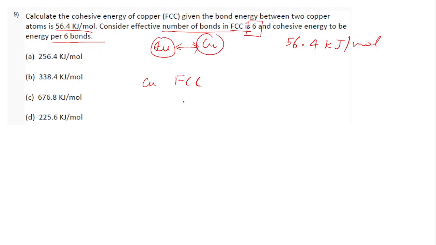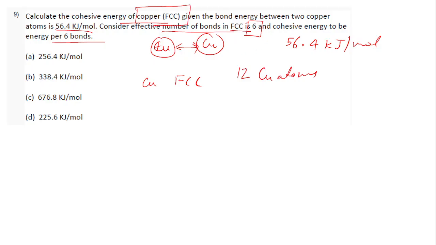So here, when we are talking about copper atoms, if it is in FCC unit cell structure, then we have 12 coppers which are at the same distance from each other. So here we are talking about 12 copper atoms. Why? Because it is in FCC structure.